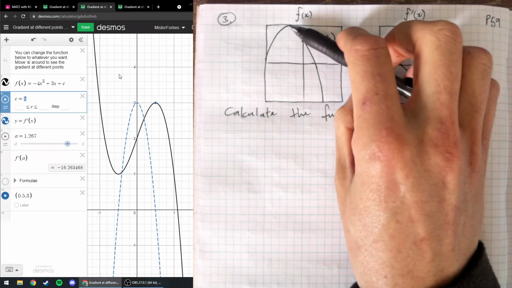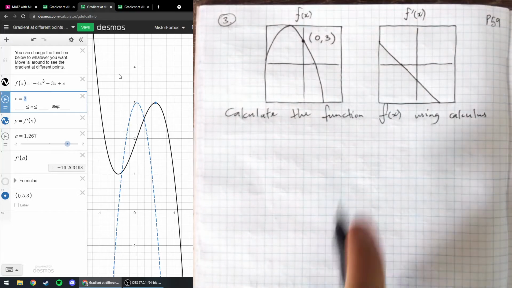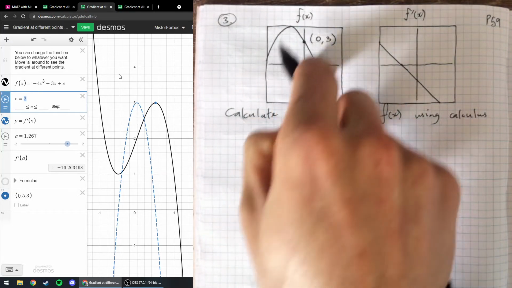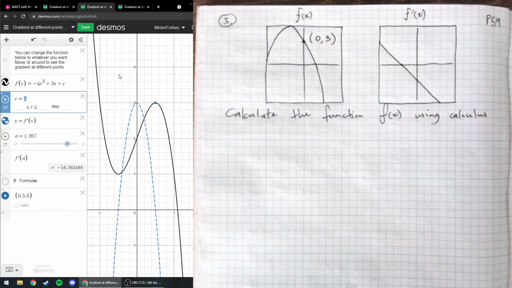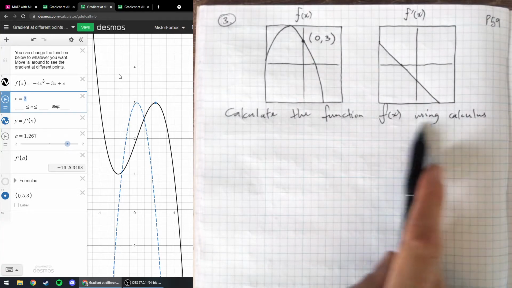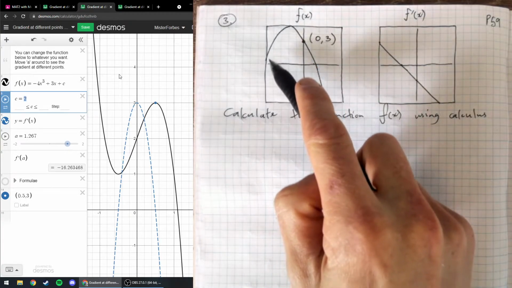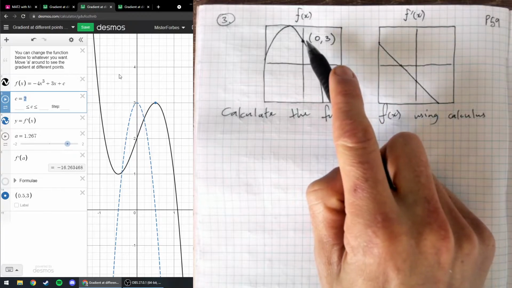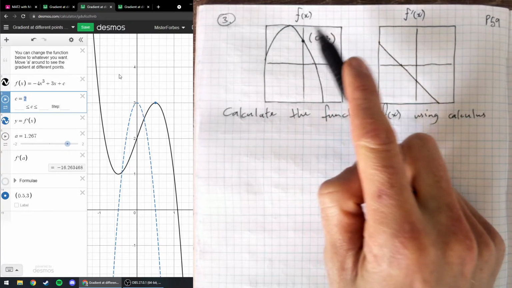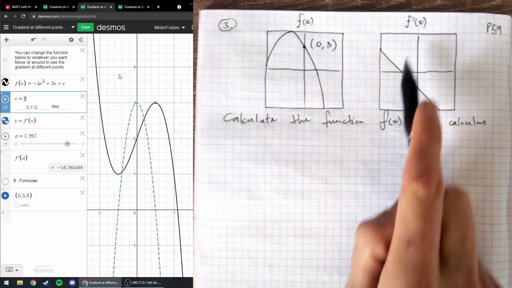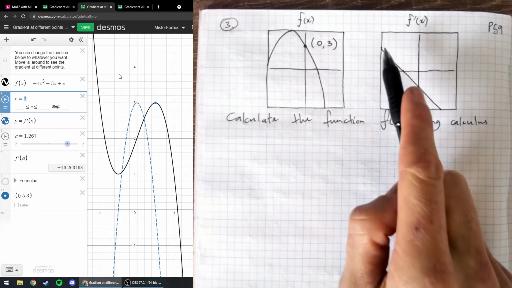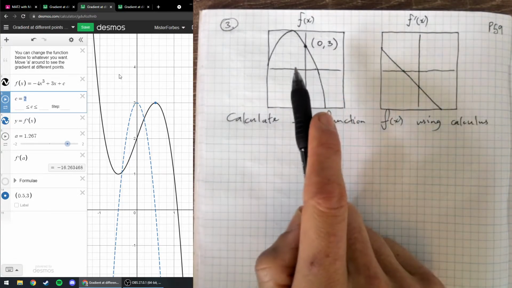But sometimes if you find some other point, you might be able to just use algebra to find the equation of this negative parabola. But what you actually have to do is use calculus. So pretty much we've got this one coordinate here for the original function, and we have to use the derivative, which is a straight line graph, to find that parabola.